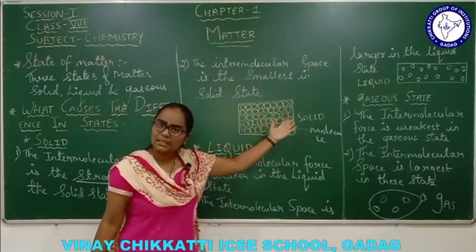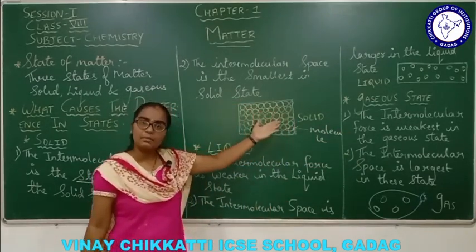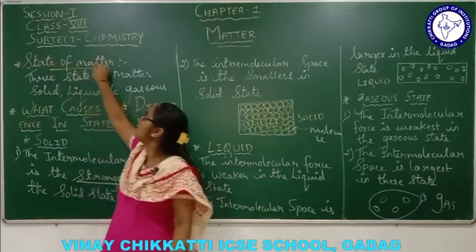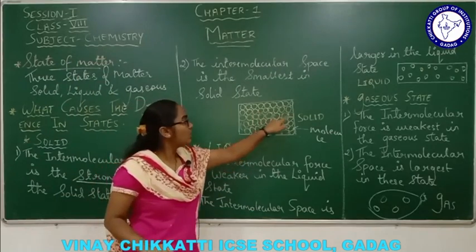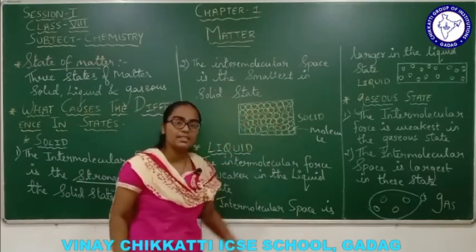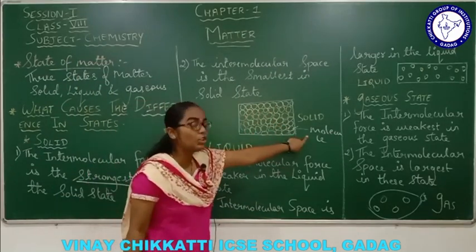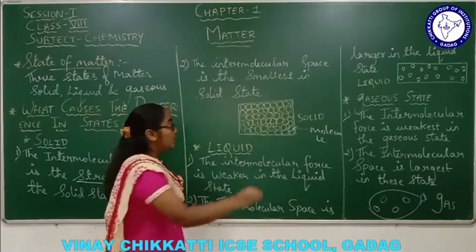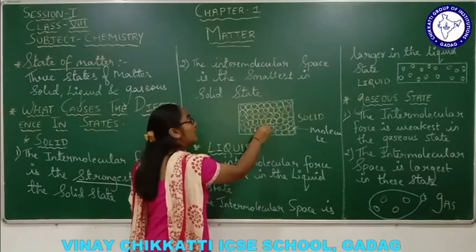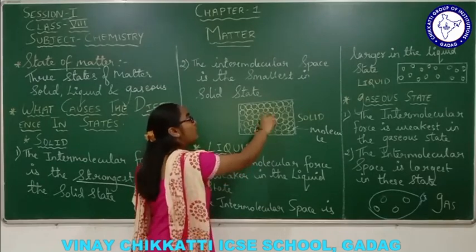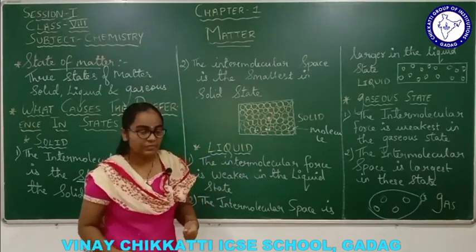So solid is a matter over here, right? Solid is a matter because there are three states of matter. We are studying the states of matter, right? So solid is one state of matter over here. So these tiny particles which I have represented with the yellow chalk are molecules. Now these molecules are having certain force. There is an intermolecular force which is lying between the molecules, right?